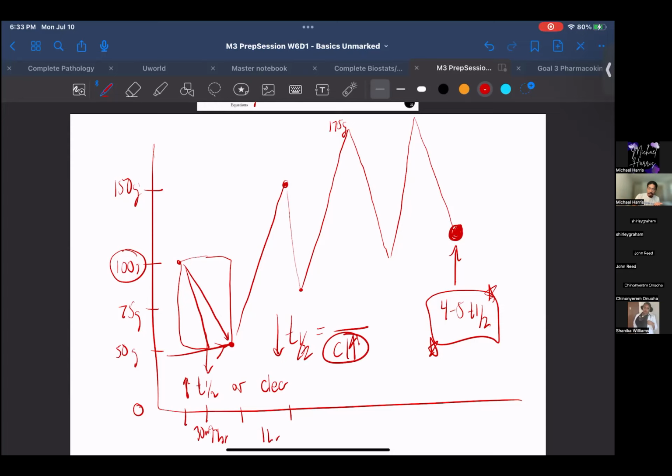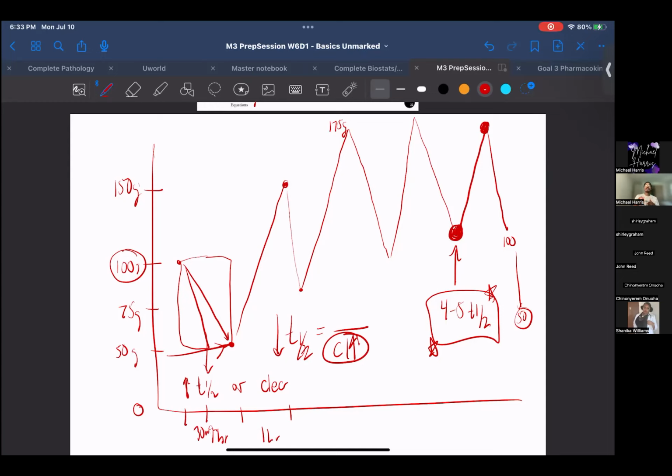Let's say you took the drug and then decide you're not going to take it anymore. The first half-life brings it down to half, and then it'll go down to the 50. Does that make sense? And so on and so forth.